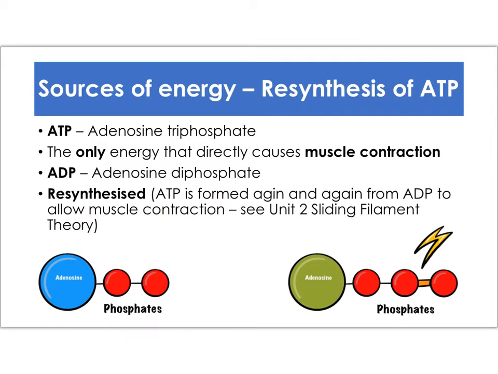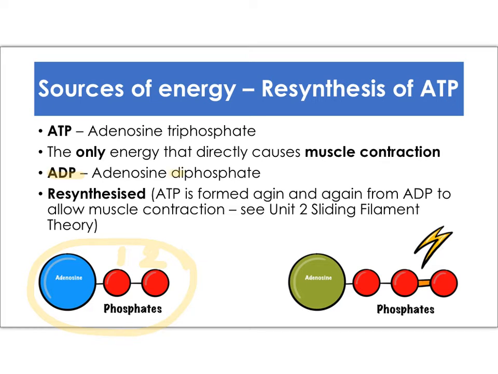So let's look at sources of energy and the resynthesis of adenosine triphosphate. Adenosine triphosphate. So it's the only energy that causes muscle contraction in our body. We have this molecule here called adenosine diphosphate. 1, 2 phosphates, so that's where the part di comes from.